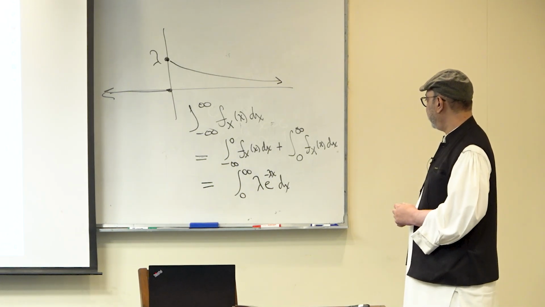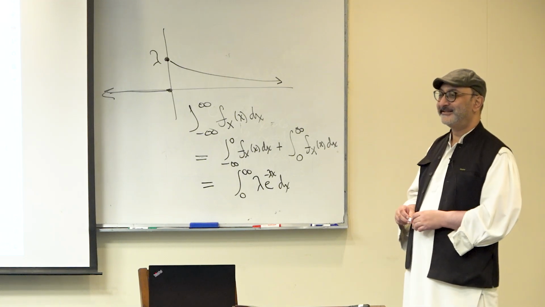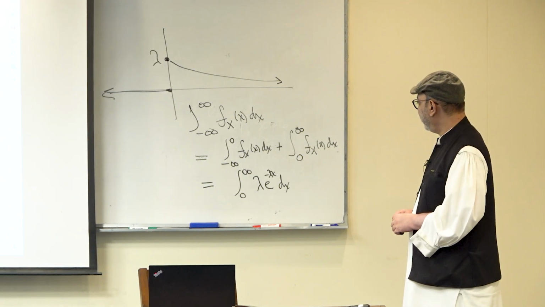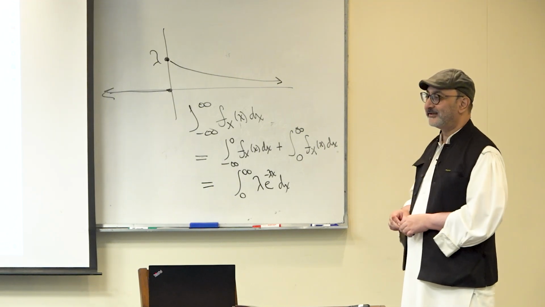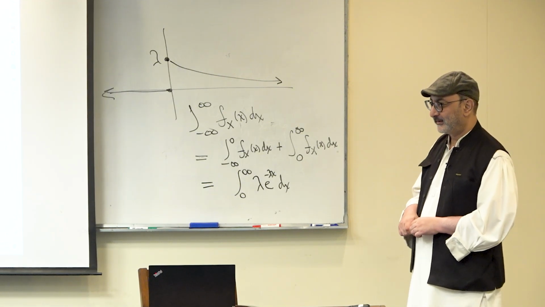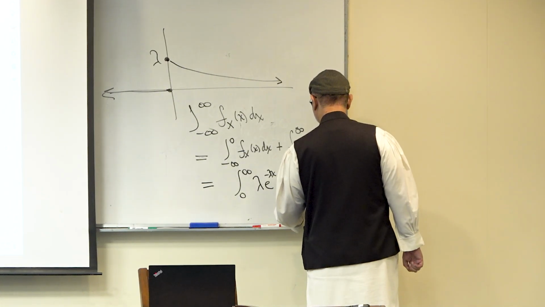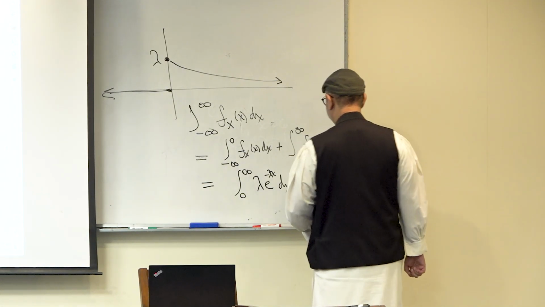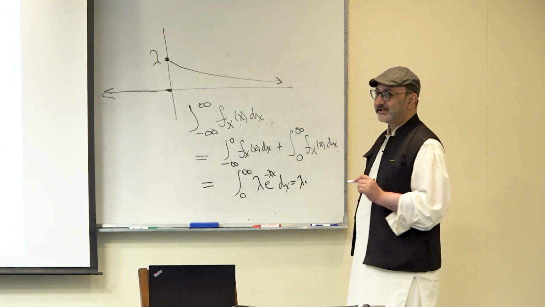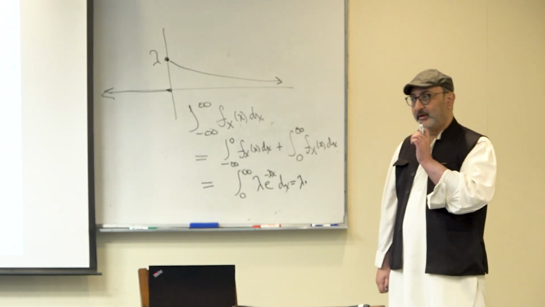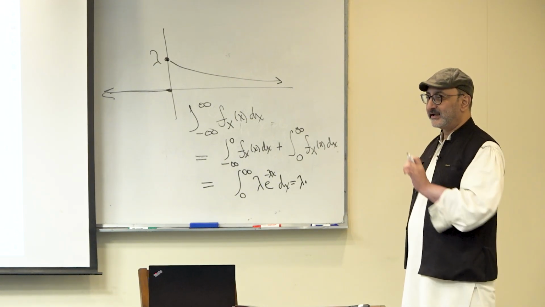Okay. Now, what's the integral of lambda e to the negative lambda x? Well, I can pull the lambda outside, since a constant can be pulled outside the integral. What's the integral of e to the negative lambda x?